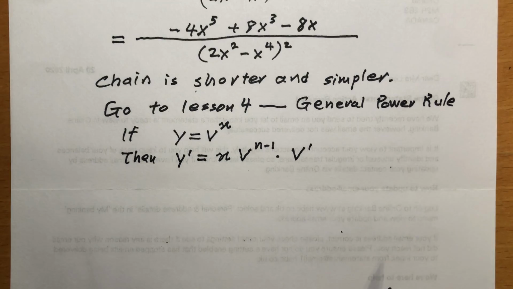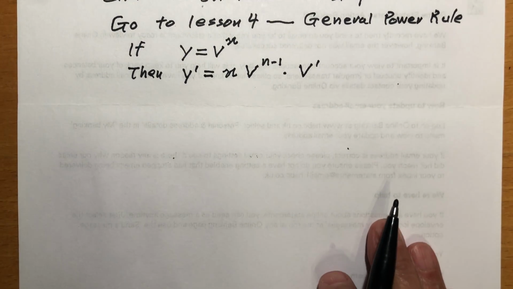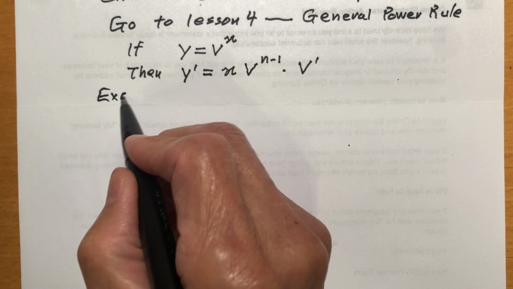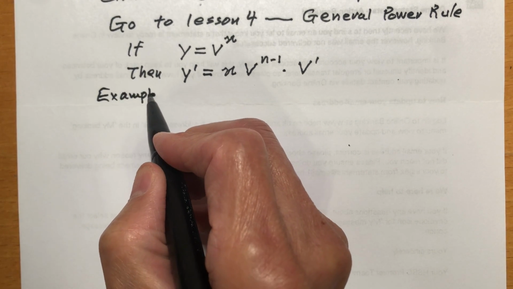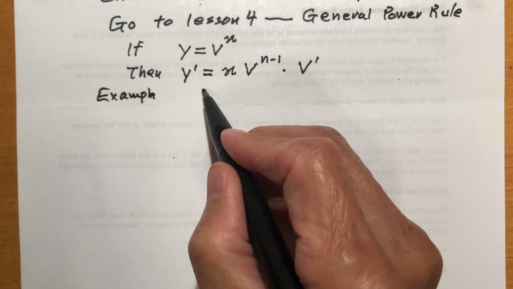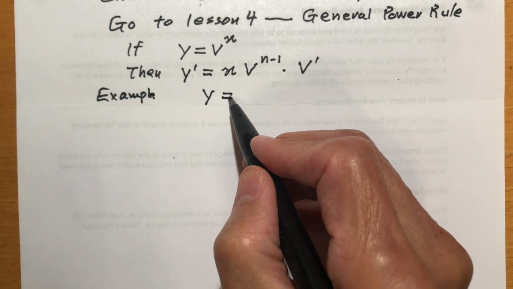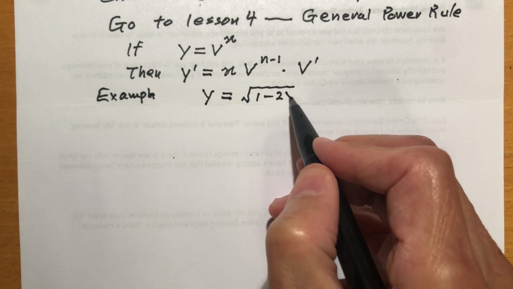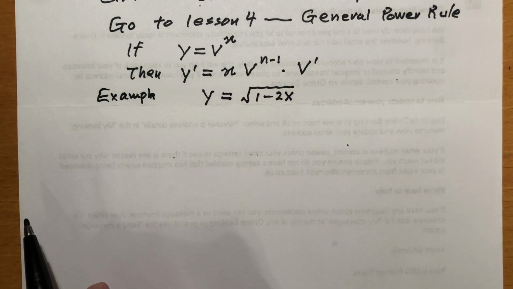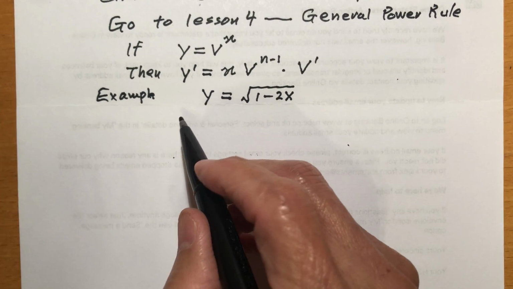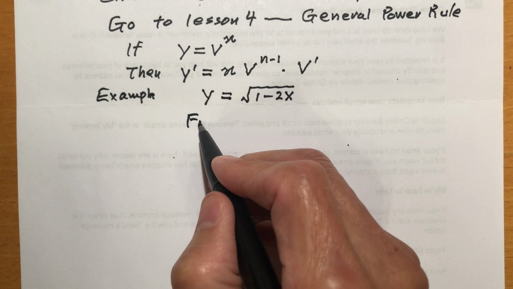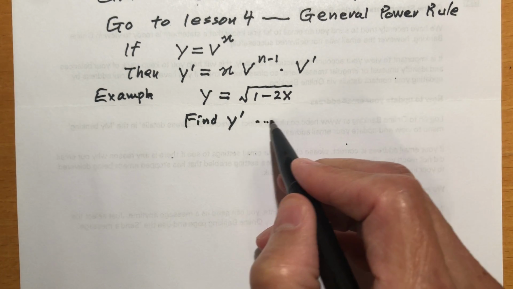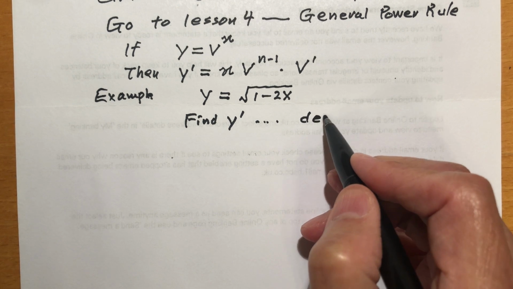Now, let's review the general power rule. Have an example. So y is this, and you want to find the y prime. Which means find the derivative, all right?